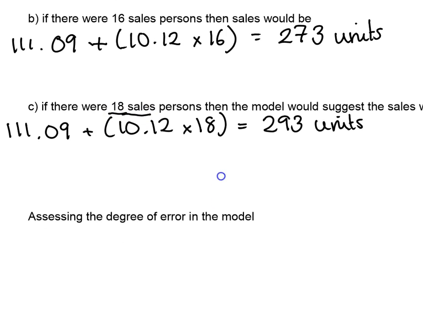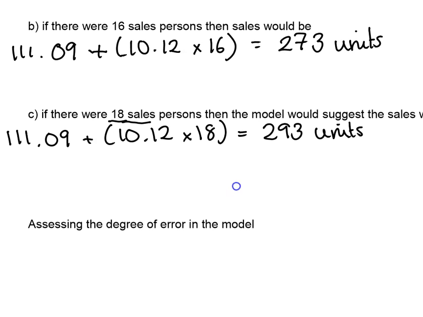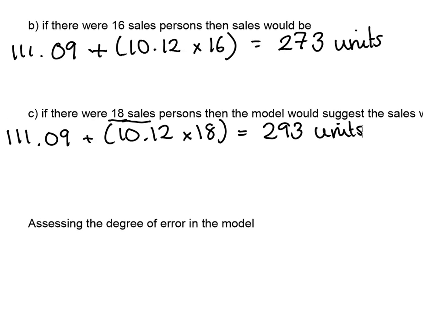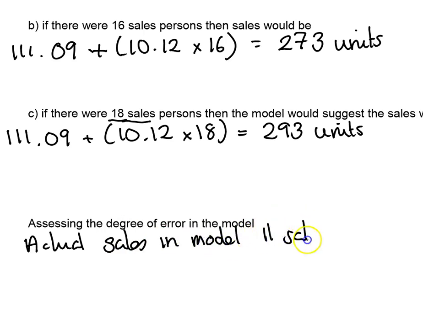So we can actually look at the degree of error in our model. So the actual sales, in the model for 18 salespersons equaled 298.